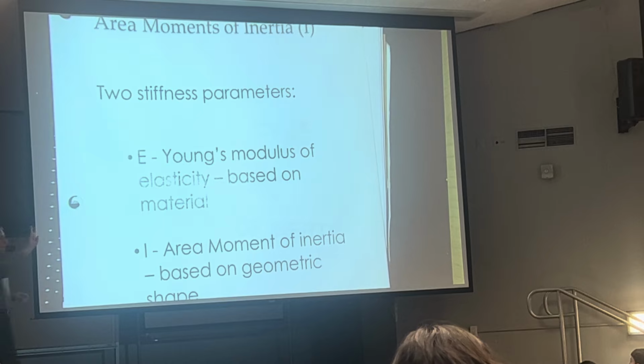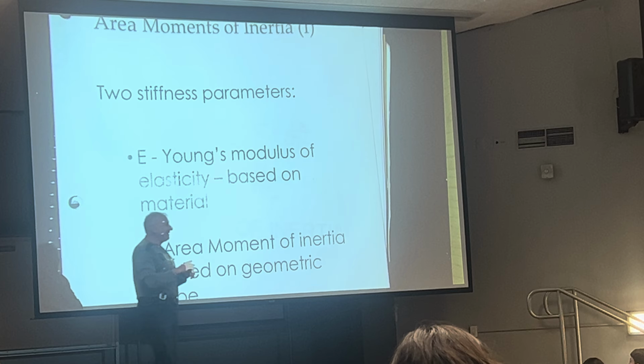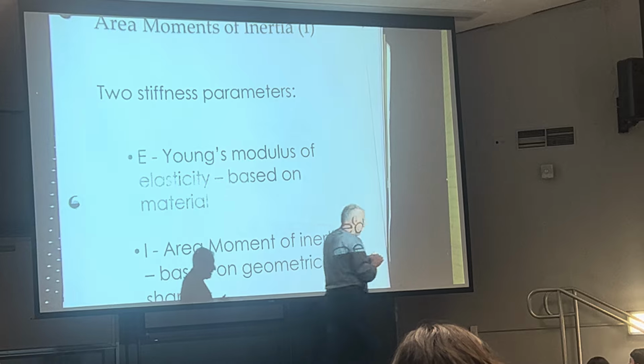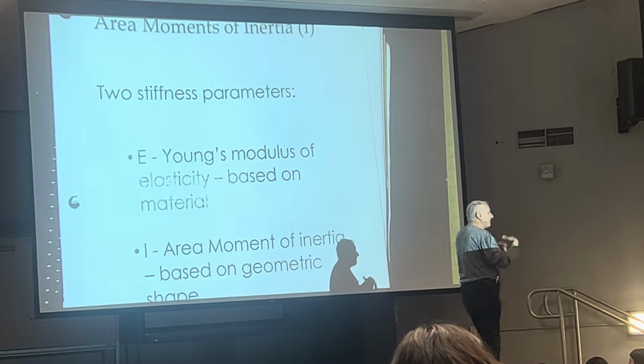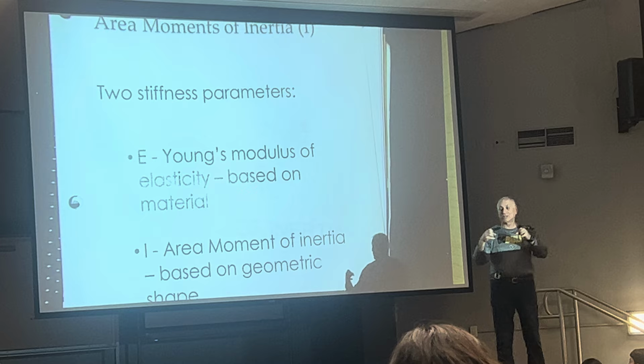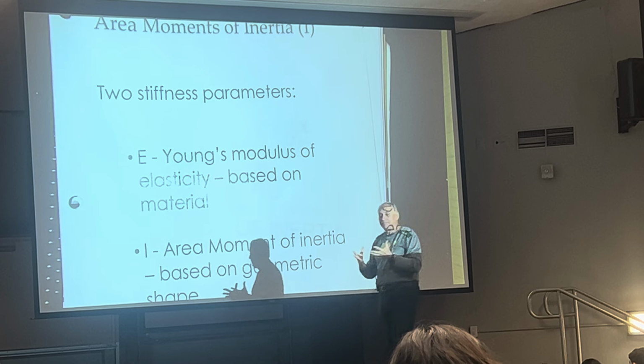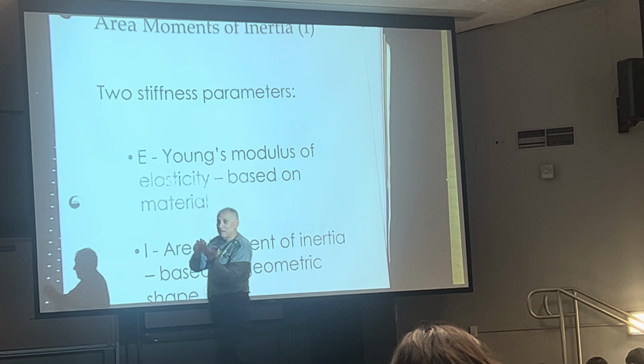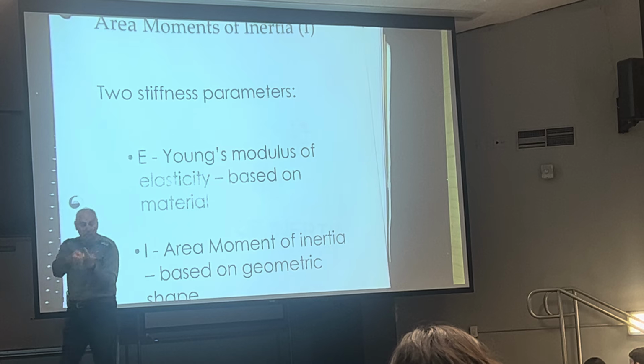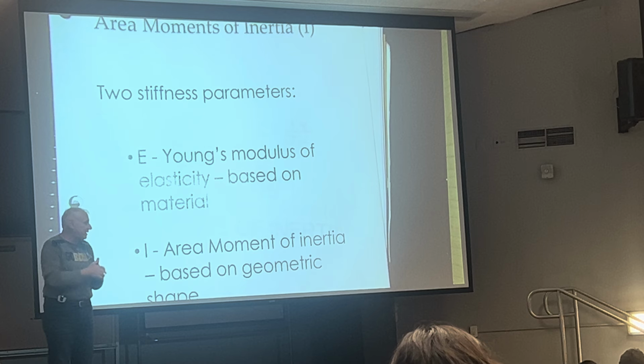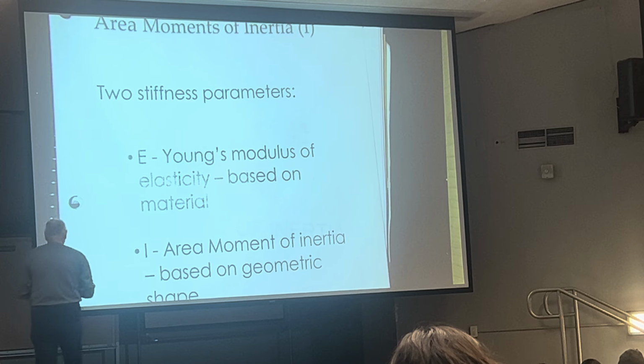So there are two stiffness parameters. One is Young's modulus of elasticity, given the letter E. That's a stiffness based on material. So steel will have a different E value than bronze, than aluminum, than concrete, than wood, etc. They each have their own E values, modulus of elasticity.